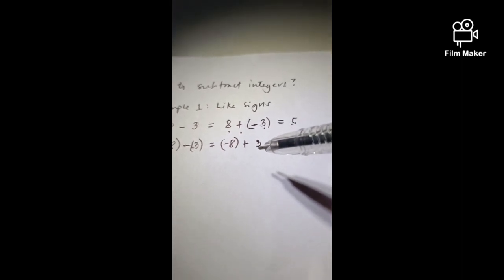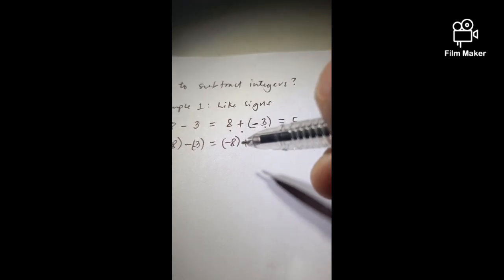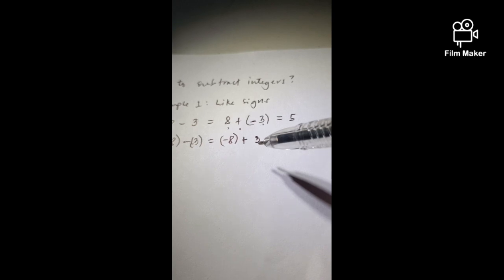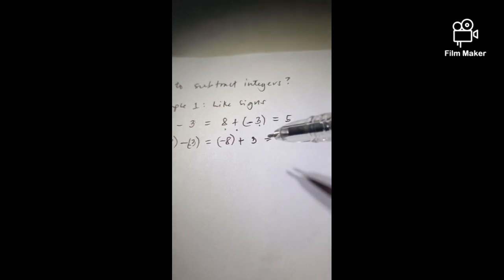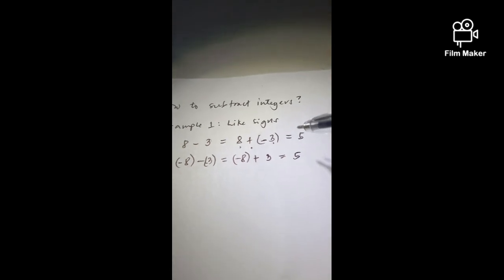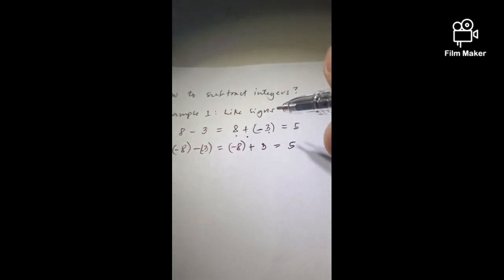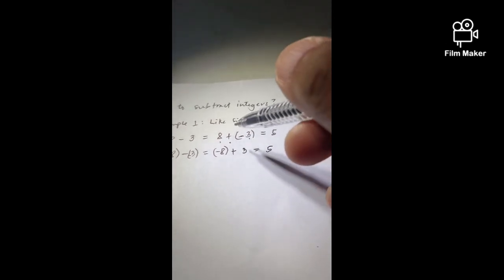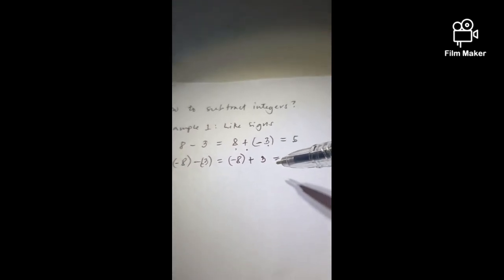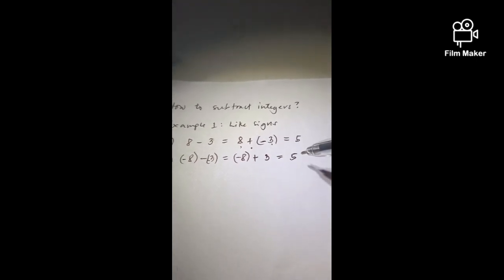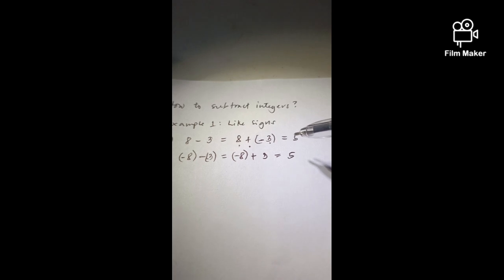So in our mind, this is 8 and this is 3. 8 minus 3, or the difference of 8 and 3 is 5. Now, since we have two signs to choose from, the negative and the positive, which sign should be carried to 5 to our final answer?